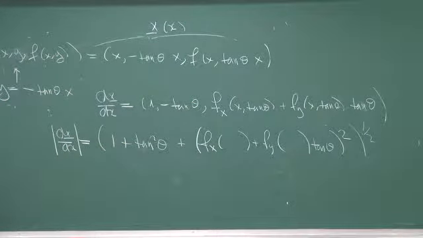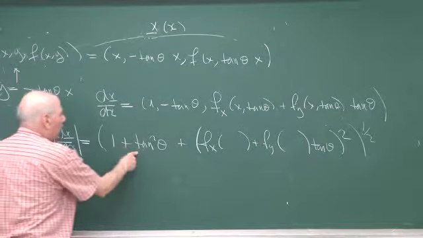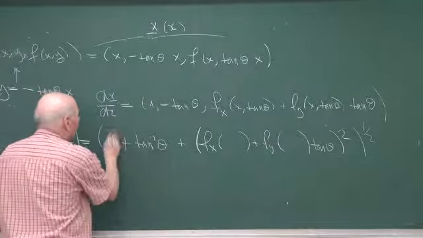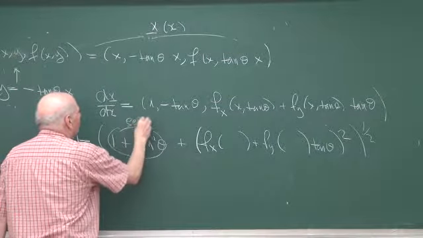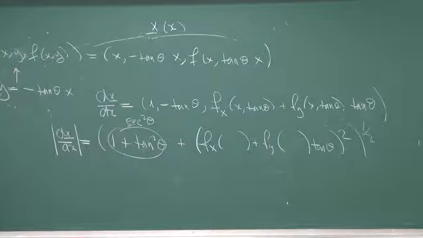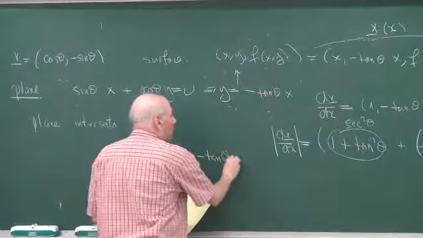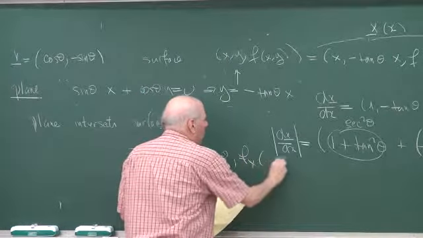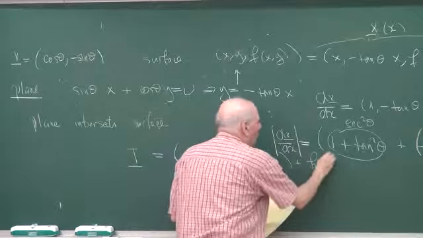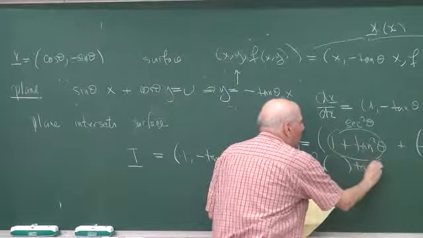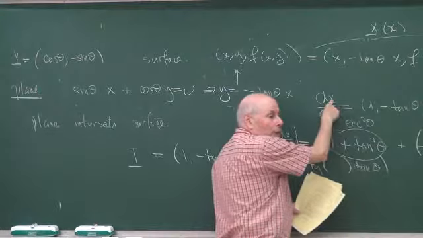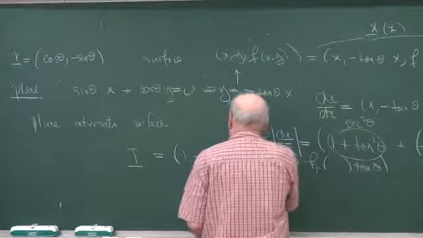That's the magnitude of dx/dt. 1 plus tangent squared is secant squared. So now this tells me that t is this vector, the velocity vector divided by its magnitude.